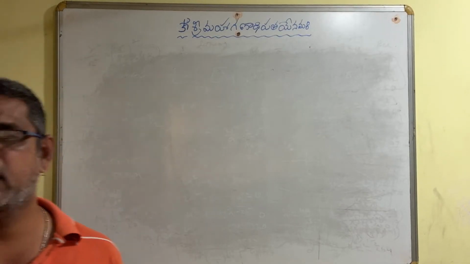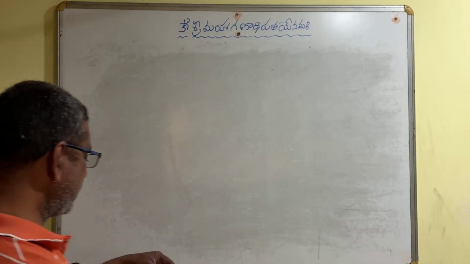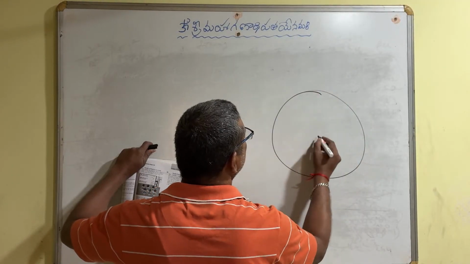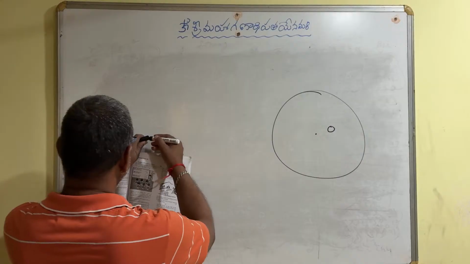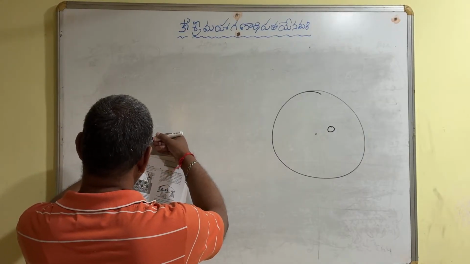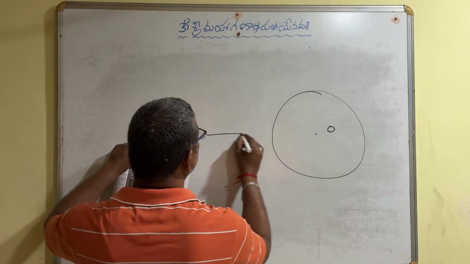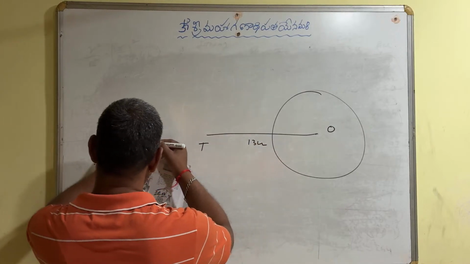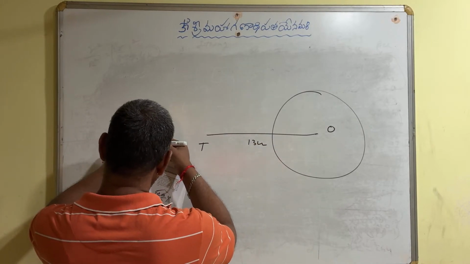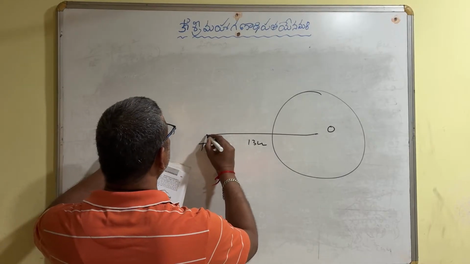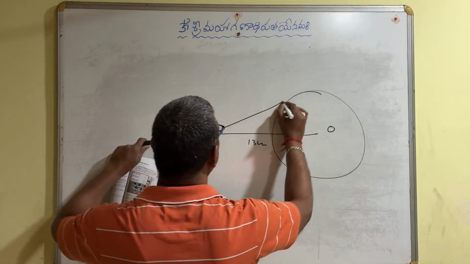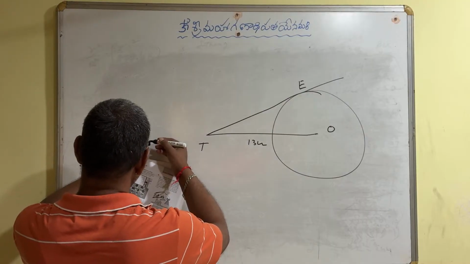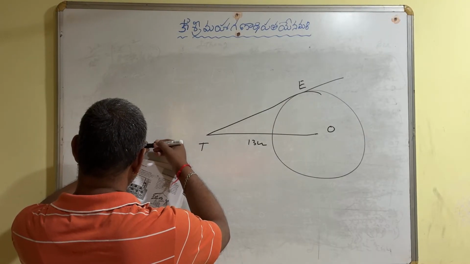So we need to draw the figure. The circle with center O, and T is a point such that OT is 13 centimeters. OT intersects the circle at E. And AB is the tangent.